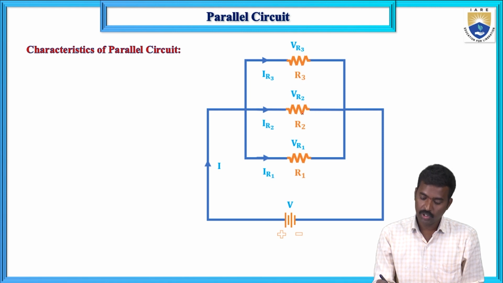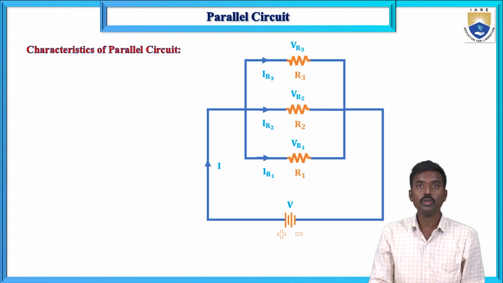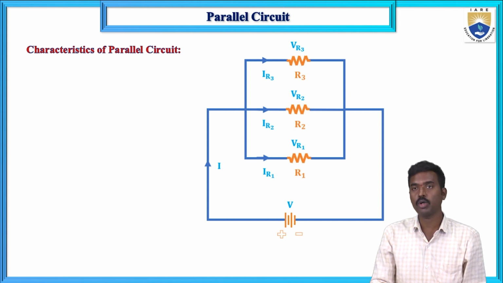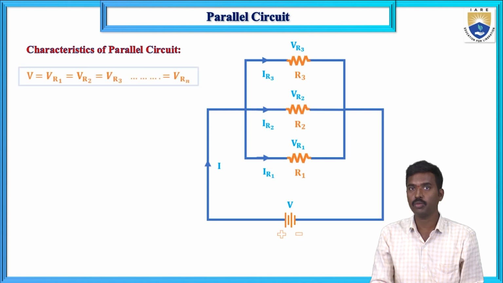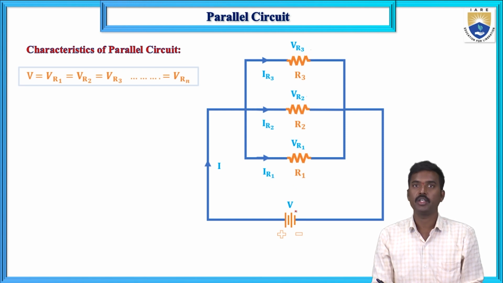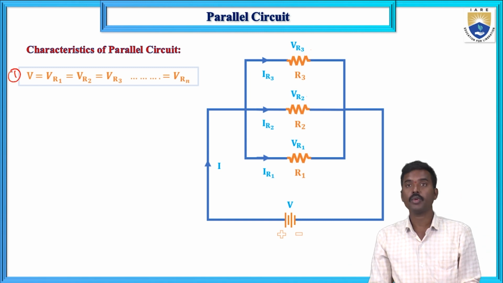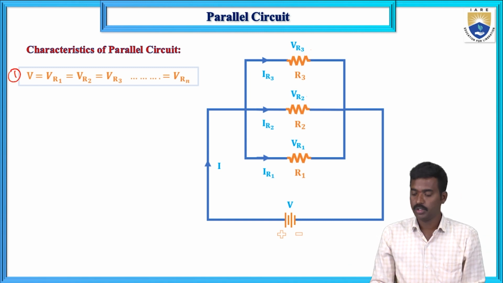VR1, VR2, VR3 are the voltages across the resistors. The parallel circuit's first property is that the same voltage is developed across each element, and that voltage equals the supply voltage: VR1 equals VR2 equals VR3 equals supply voltage V.